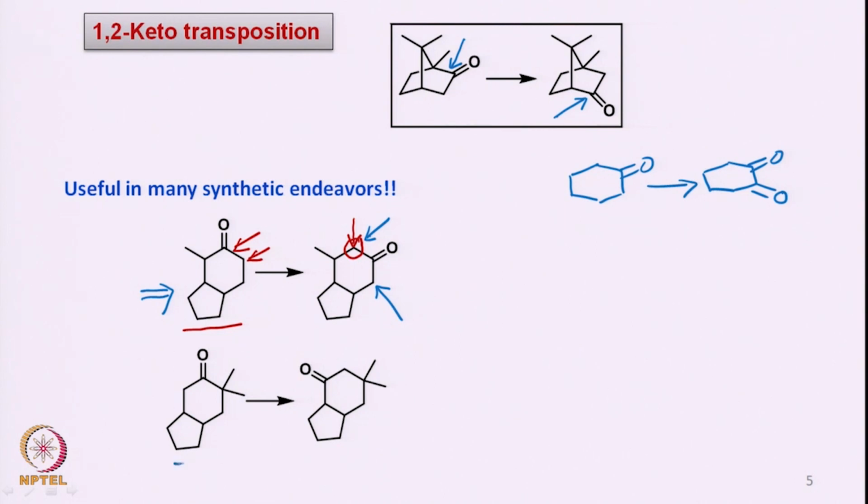Similarly, there is another example like this, where if you have blocked the alpha position of the carbonyl group, then we can convert this ketone to the next carbon atom, and once that is done, one can also functionalize the position next to the carbonyl group. So this is called 1,2 keto transposition, ketone transposition.